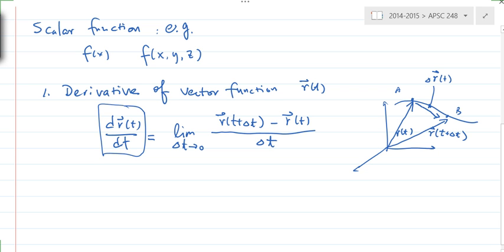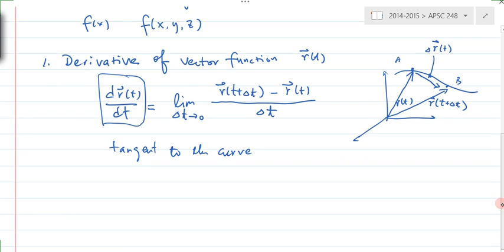And this vector function is actually going to be tangent to the curve you are looking at here. So this is the tangent to the curve.